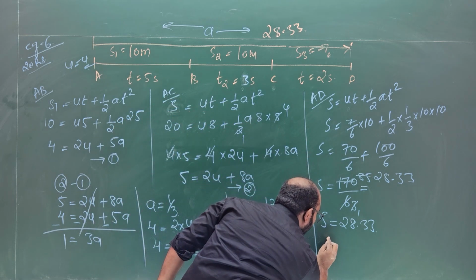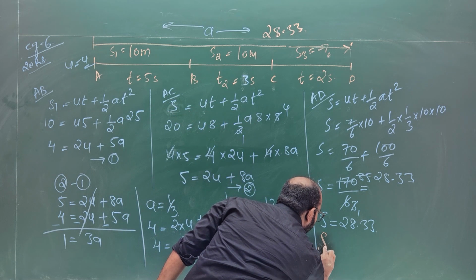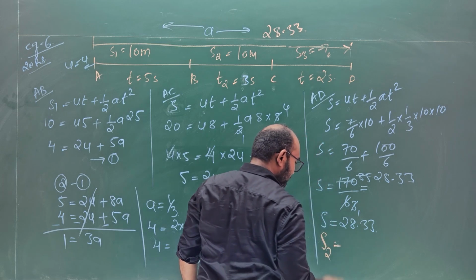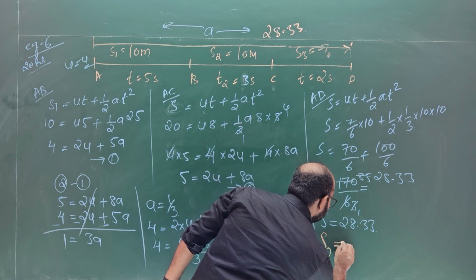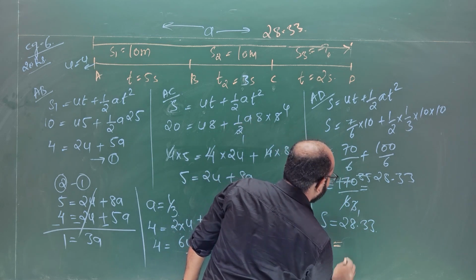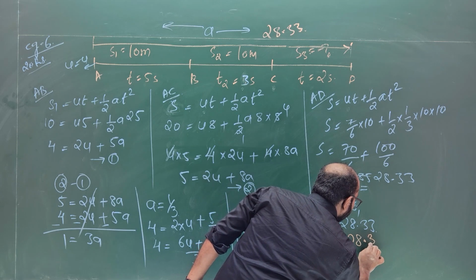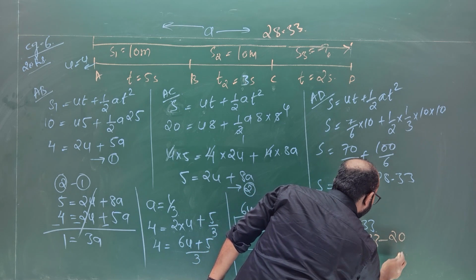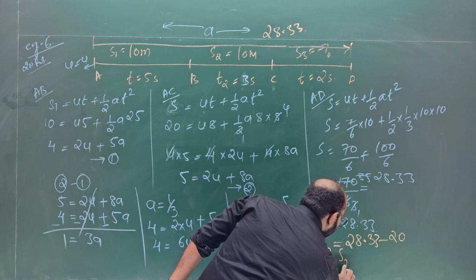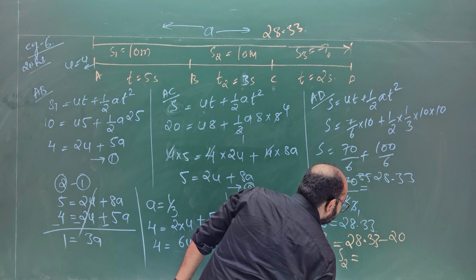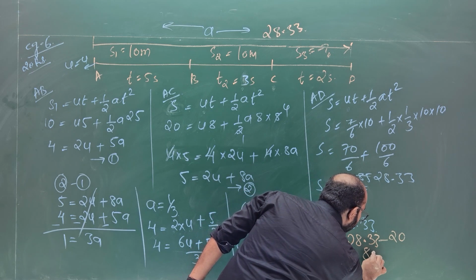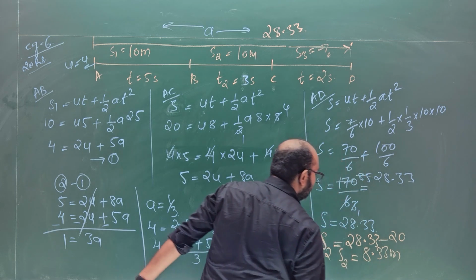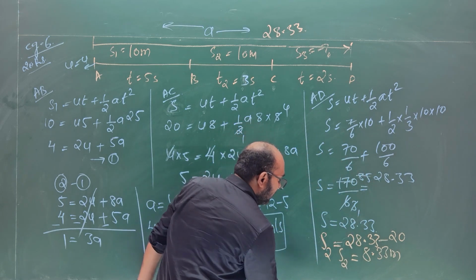So can I say that in the last 2 seconds the body traveled S is equal to 28.33 minus 20, that is S in 2 seconds is equal to 8.33 meters. This is not S2, this is S in the last 2 seconds.